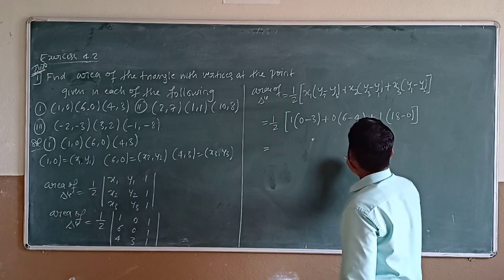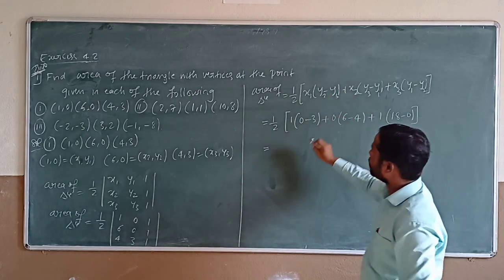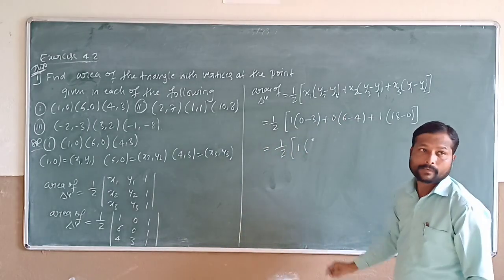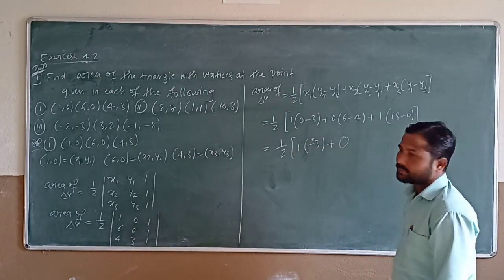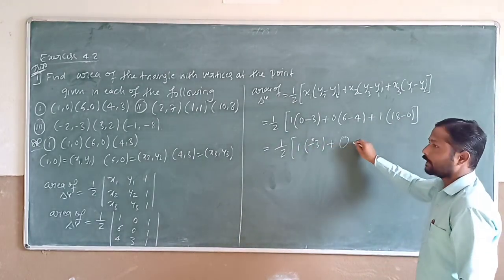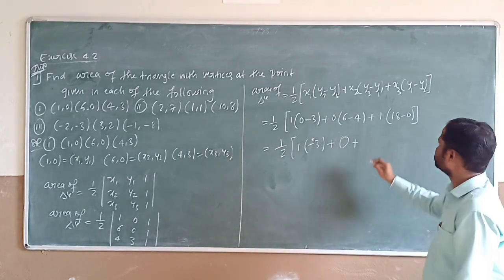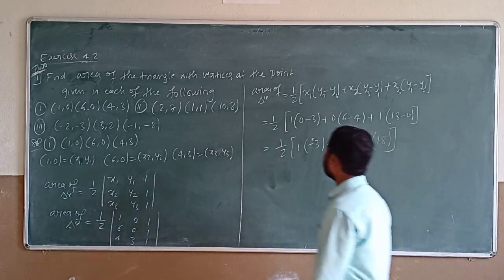Okay, next one, that is 1 by 2 into 1 into 0 minus 3, that is minus 3, plus 0 into anything becomes 0 now. Right? Next one, 1 into 18 minus 0, that is 18 only. Right?